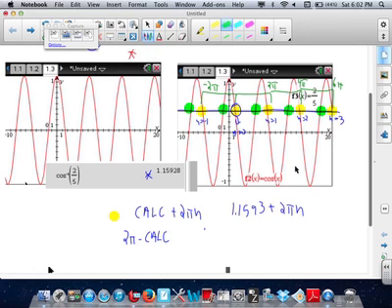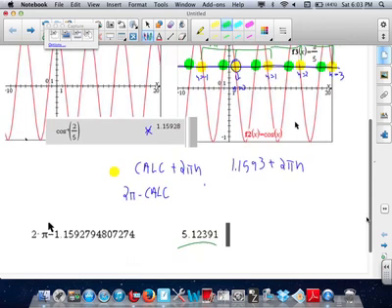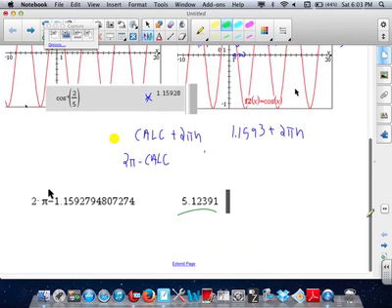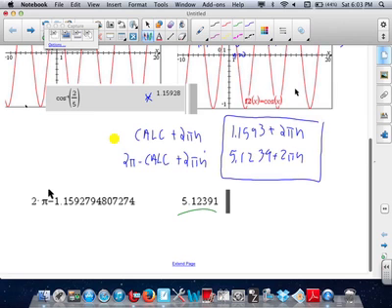To get those second green points, what I would do is take my 2 pi minus the calculator answer plus 2 pi n, and I would have 5.1239 plus 2 pi n. And these two are the formulas for the inverse cosine of 2/5.